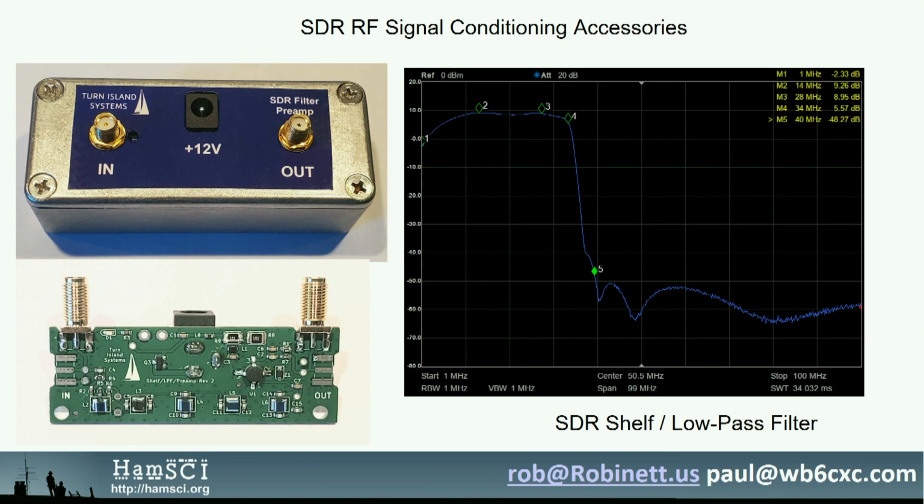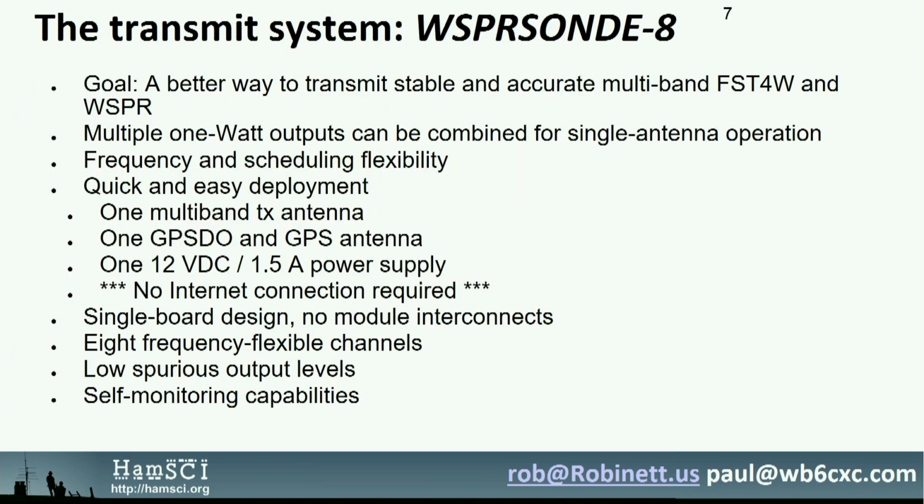But what we also realized is that we had this wonderful multi-channel receive system capable of receiving almost every signal of interest to us. I've added Super Dawn reporting recently, but we didn't have a corresponding transmitter.